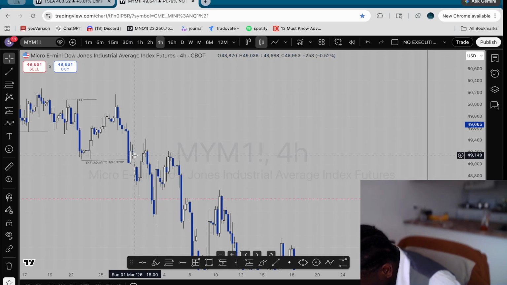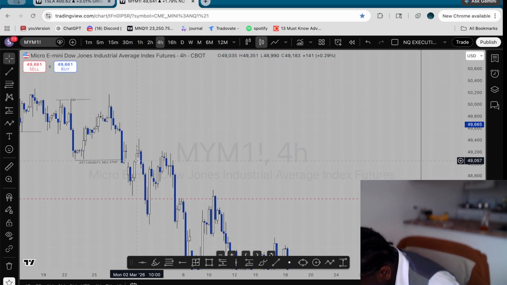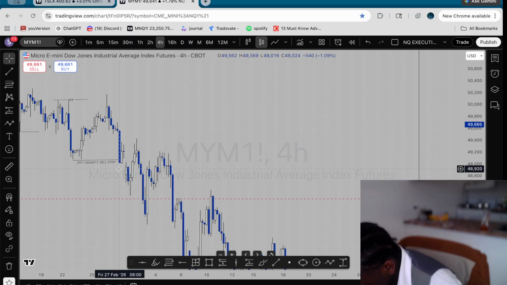Now, from breaking this low, this break of structure happened right here.